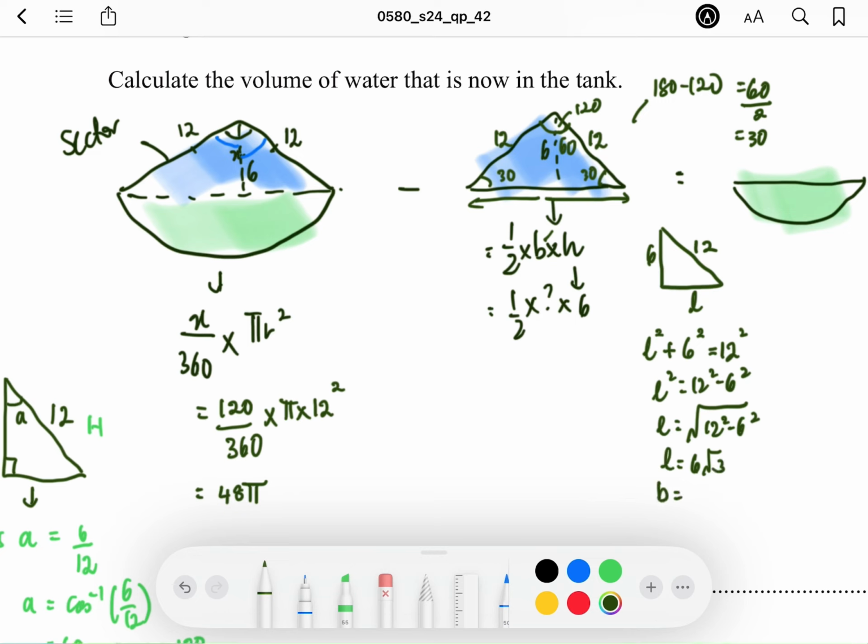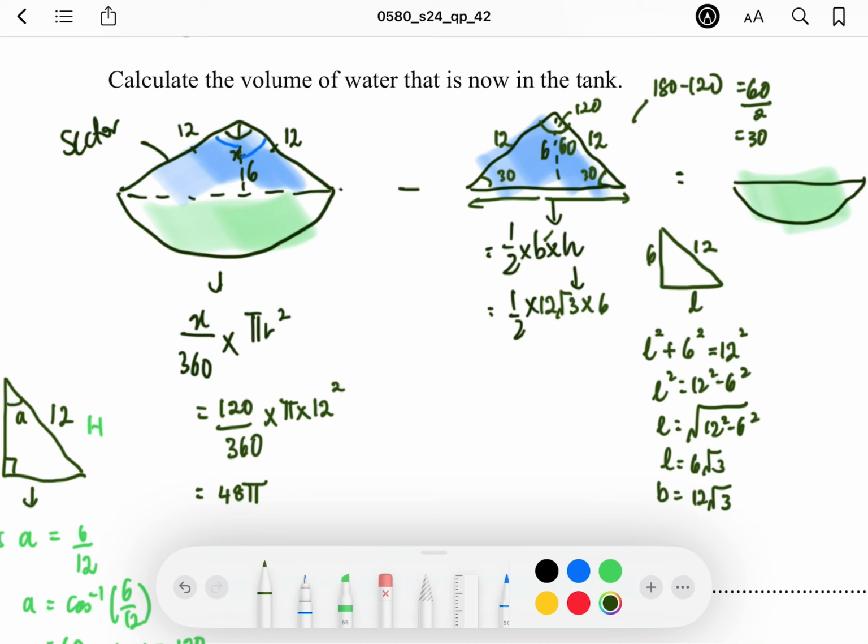Artinya base is equals to times 2. Kalau calculator yang pakai root, artinya replace sana jadi 12 root 3 times by 6.